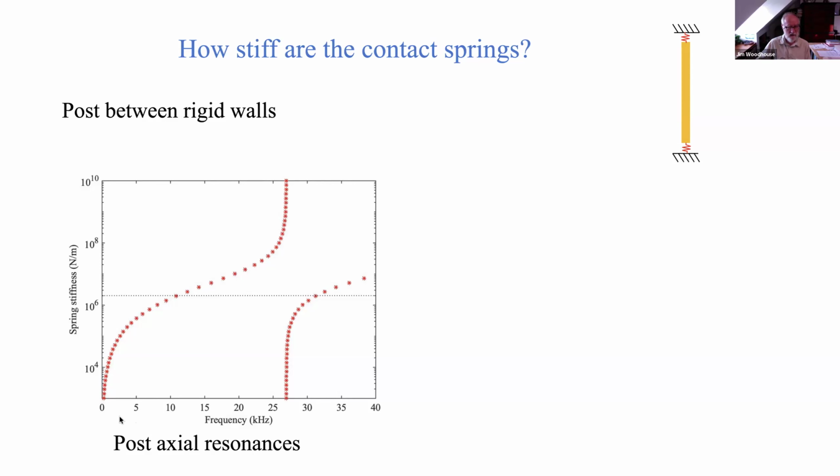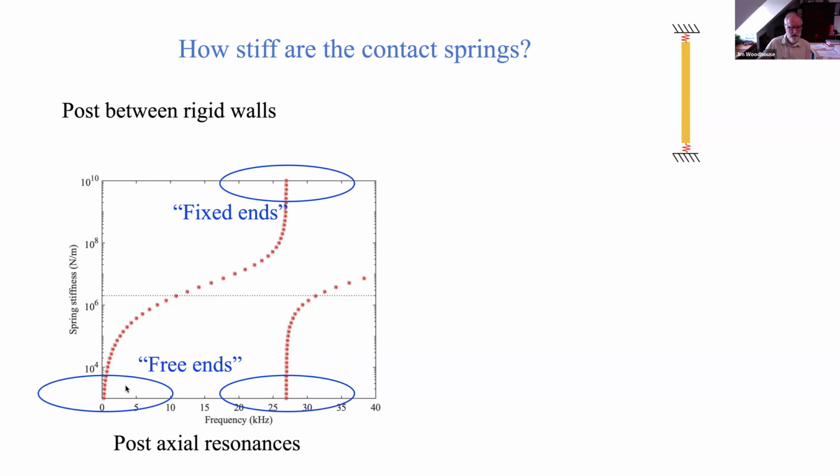So this is the resonant frequency as a function of the stiffness. Have I got that the right way? Yeah, that is the right way around. This is quite a wide frequency range. This is for typical dimensions of a spruce violin soundpost.